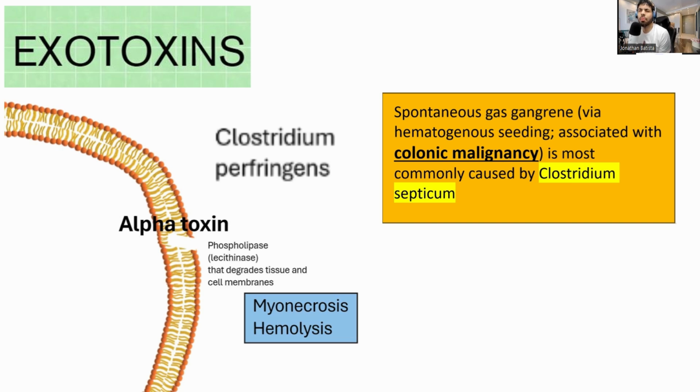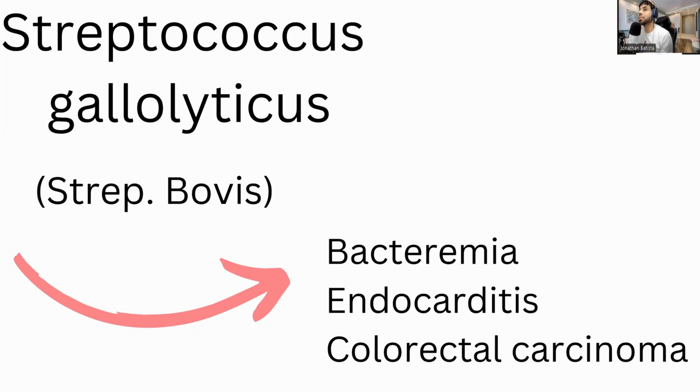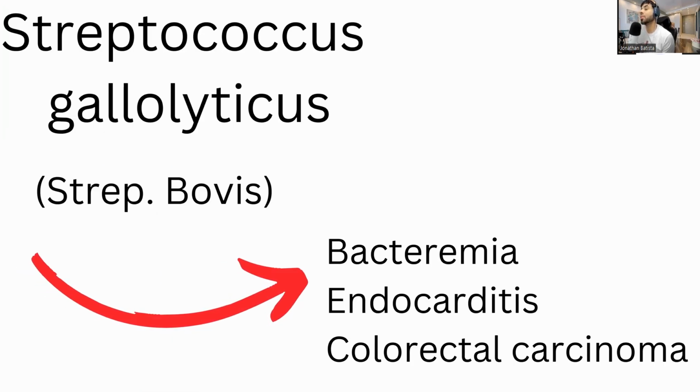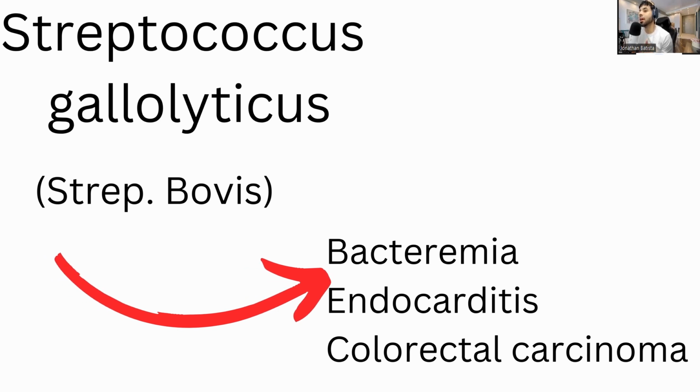It travels through the bloodstream. Unlike perfringens, this is within many people's body, and it actually activates when someone is immunodeficient. So that's a whole different thing. It causes colonic malignancy. Remember, another microorganism associated with endocarditis that causes colonic malignancy.